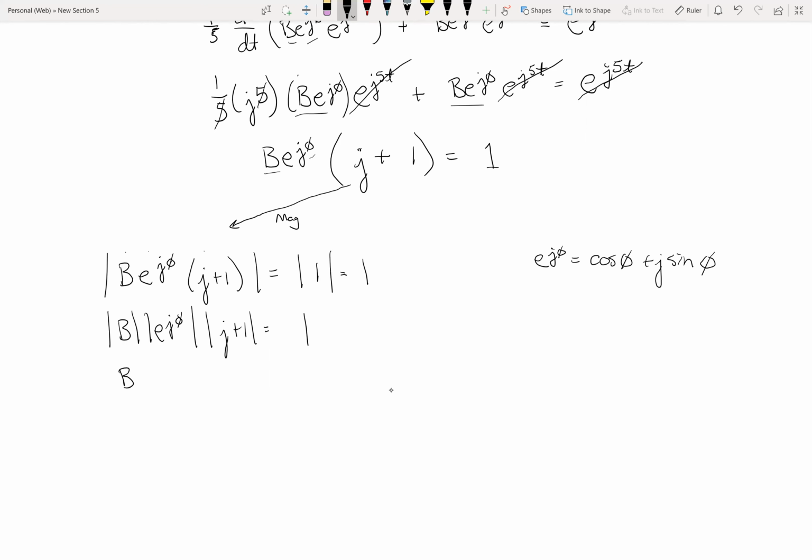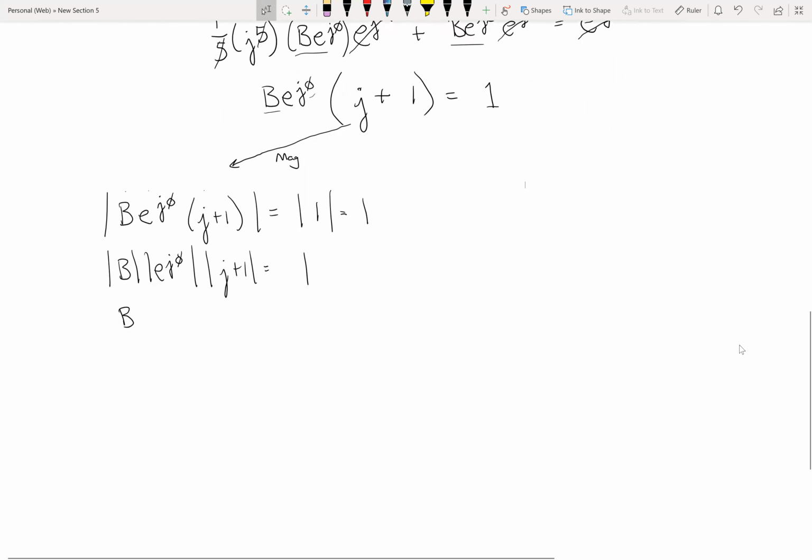If you took the magnitude of that, the magnitude of e to the j phi would be square root of cosine squared plus sine squared. And you should know that cosine squared plus sine squared is always equal to 1, so we know that that guy is 1.